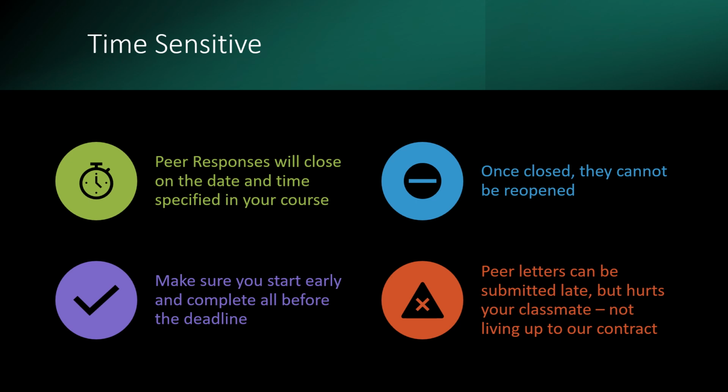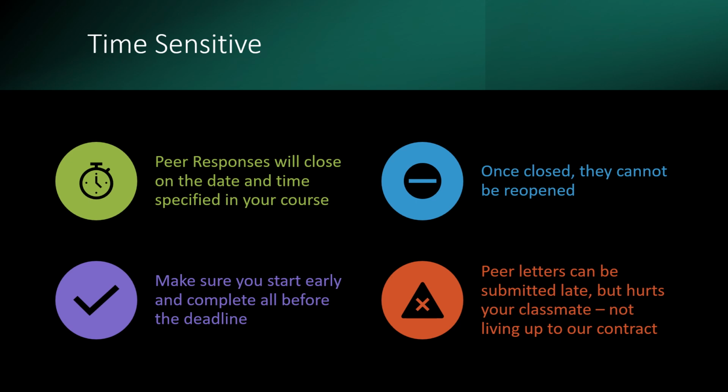Once they're closed, they can't be reopened, because then people cannot get to the comments that were made on their papers until it's done. So make sure that you start early. I hope that you used the time today in class. Definitely always do that. Use the time in class to complete everything before the deadline.